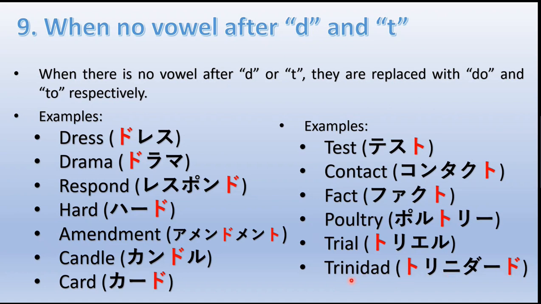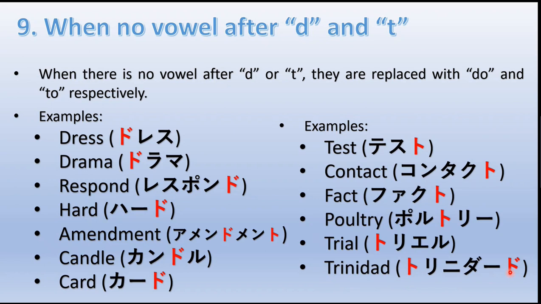This is a very good example where we have both T and D not followed by any vowels. Here T is not followed by a vowel and the last D is not followed by a vowel. So Trinidad will be Torinidado.